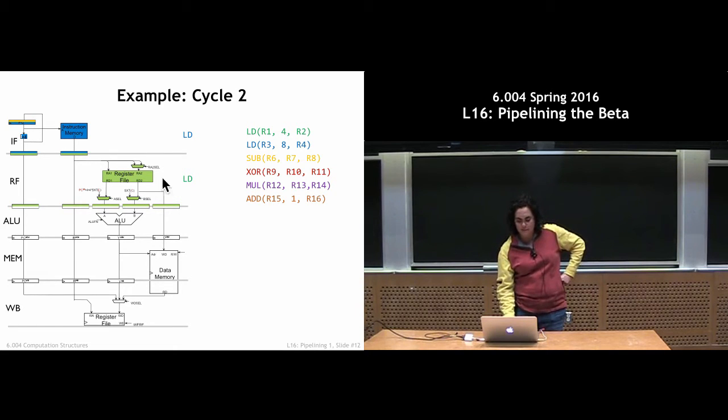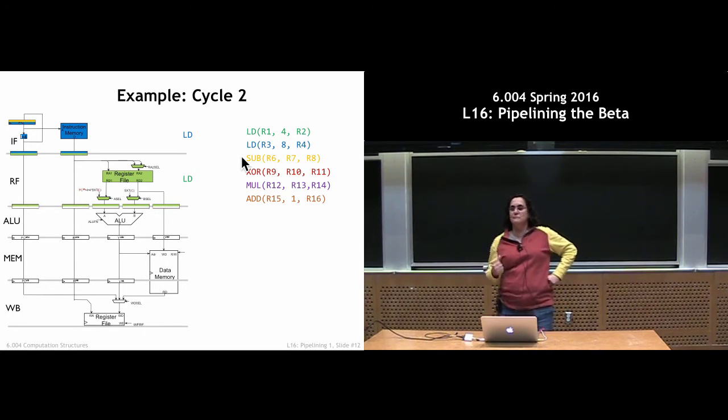At the same time, we're going to start loading the blue load, the second load, from our instruction memory. And we're going to produce PC plus 4, which is going to point here, you see this little yellow piece, it's going to be the address for the instruction that's immediately afterwards. And so we're preparing for our sub-instruction next, okay?